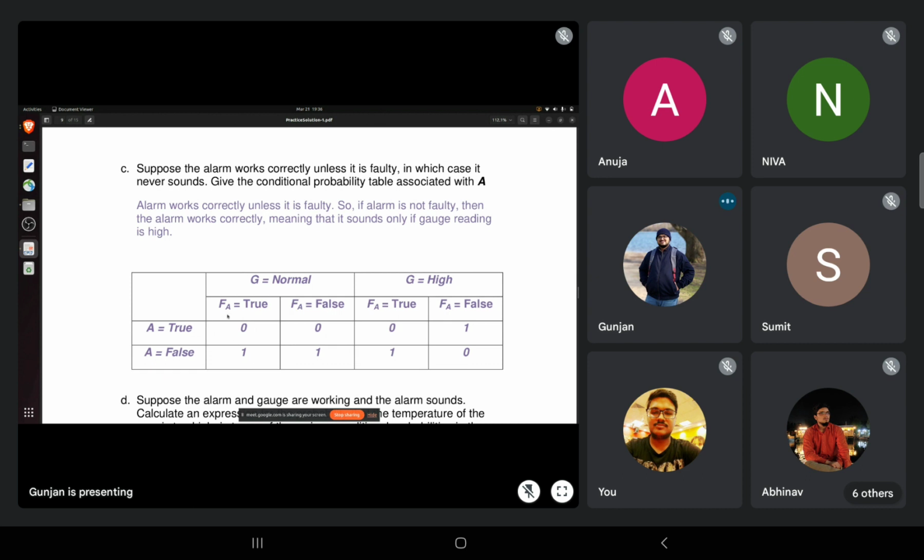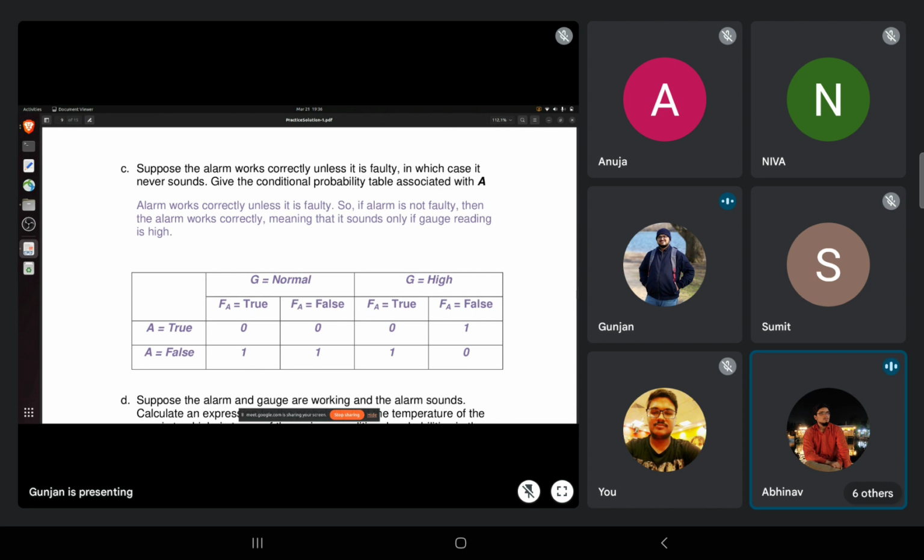Given that the gauge is normal, the alarm will never go up. So alarm true is false in both the cases.